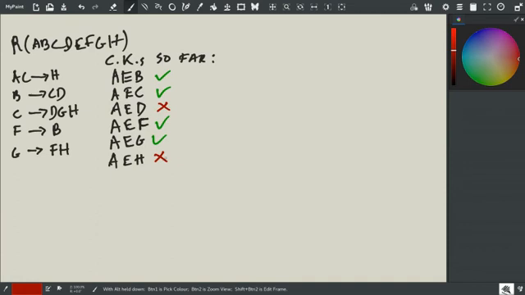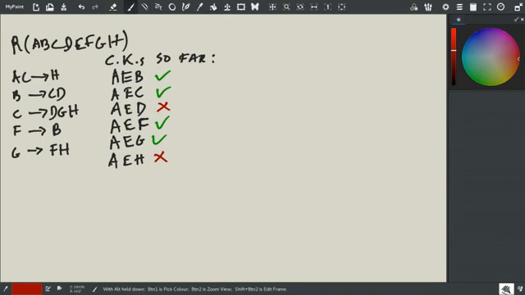Although these are not candidate keys by themselves, these 3 attributes cannot be a candidate key because through these 3 attributes I cannot find the entire relation. If I combine them with other attributes, they can become a candidate key.